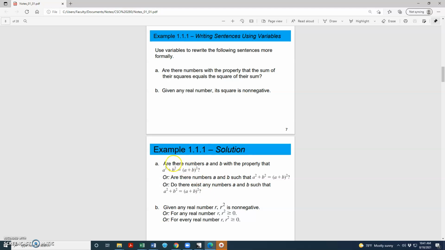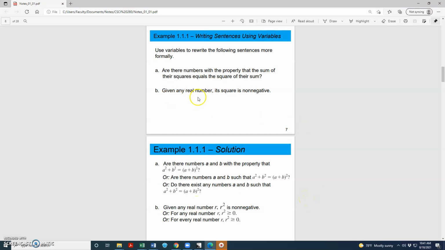What we'd like to focus on now is the part that comes before that. We could say, are there numbers a and b with the property that? Are there numbers a and b such that? Do there exist any numbers a and b such that? As you can see, there are a number of ways that we could express this, and again, the mathematical part remains the same for each of them.